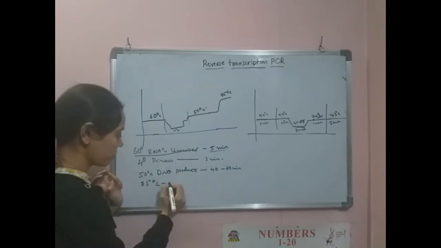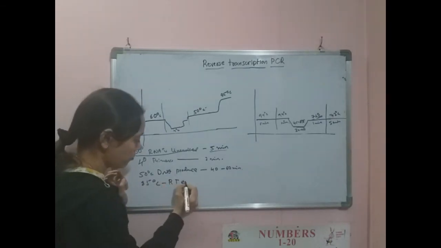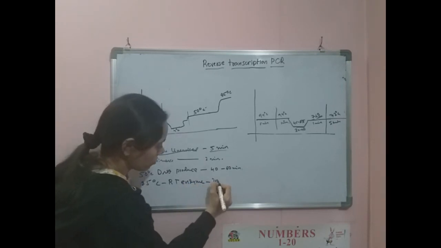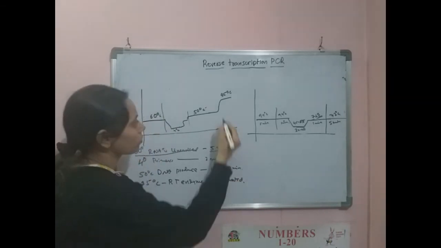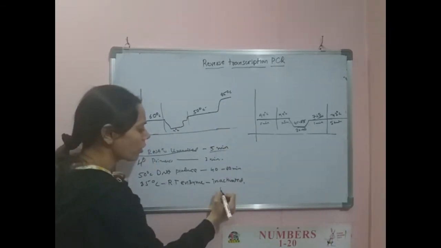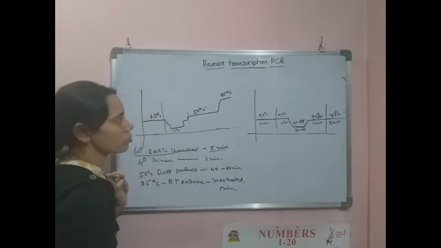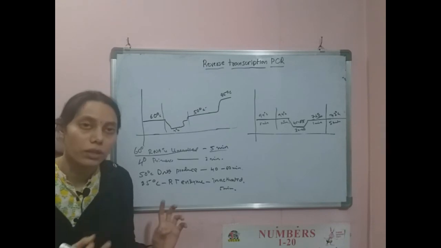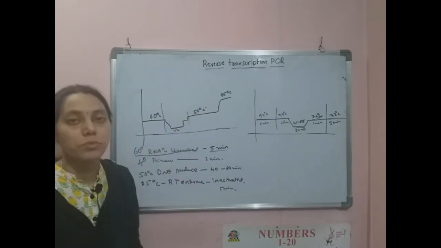The reverse transcriptase enzyme will be inactivated. At this temperature we'll keep the reaction for about 5 minutes. So this is the more or less similar process that is generally used in reverse transcription PCR.